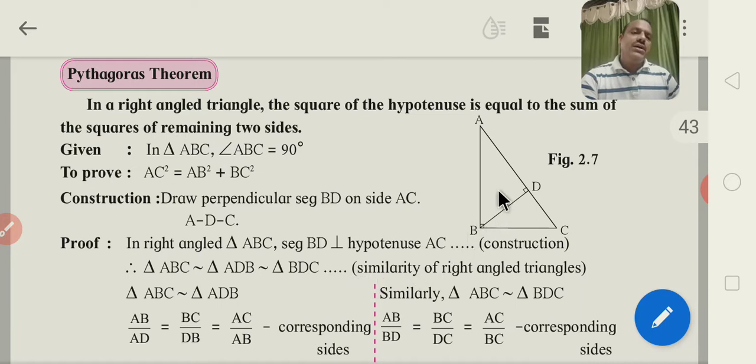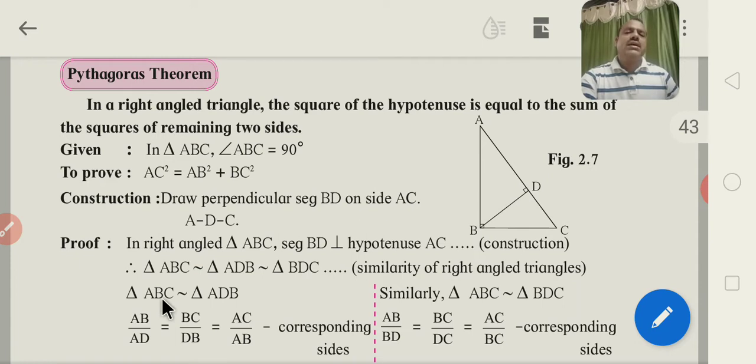What does this mean? In this triangle, the segment BD is drawn. After that, two new triangles are created, and these two new triangles and the first whole triangle, these three triangles are similar to each other. This property is called similarity of right angle triangles. Of these three triangles, first consider the first two.